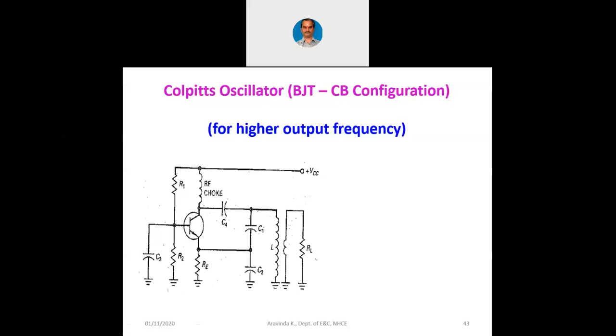So you can visualize the feedback network this way. That means through C1, part of the signal is going back to the emitter, and C1, C2, L form the part of feedback circuit, and RL is connected by means of a link coupling or by means of a transformer, and C4 is present here to provide a DC isolation to the inductor.